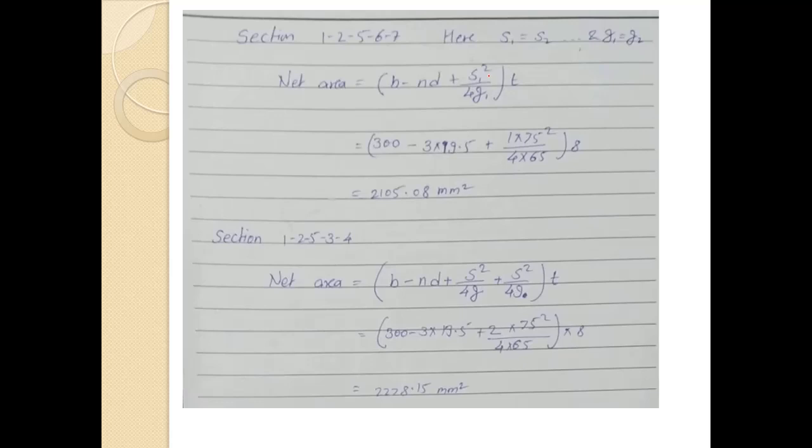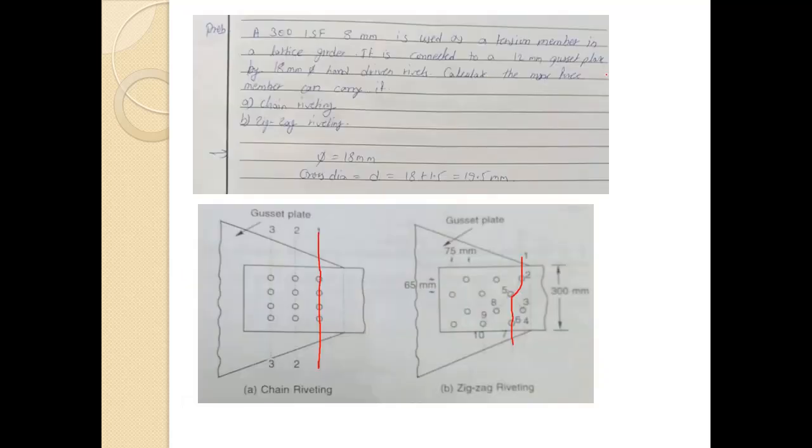Here S1 is 75 and G is 65. This distance is 75 and this is 65. So S1 and S2 are both the same, and G1 and G2 are also the same.